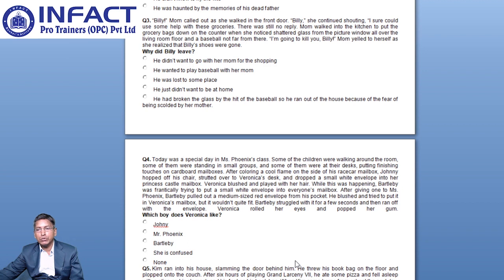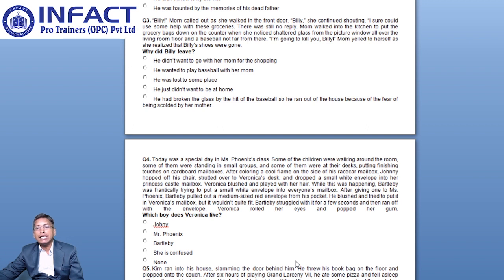Mom walked into the kitchen to put the grocery bags down on the counter when she noticed shattered glass from the picture window all over the living room floor and a baseball not far from there. I am going to kill you, Billy, mom yelled to herself as she realized that Billy's shoes were gone.